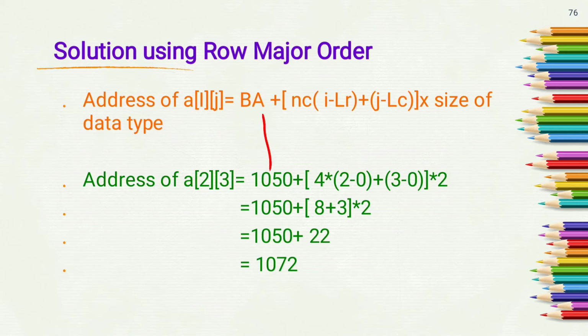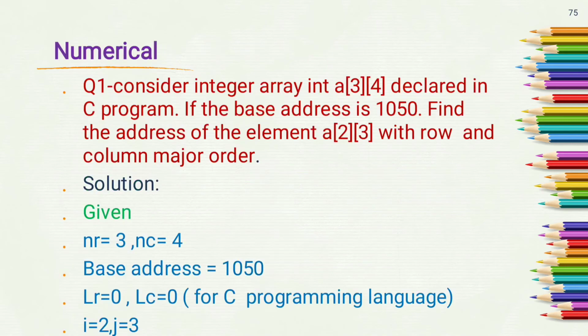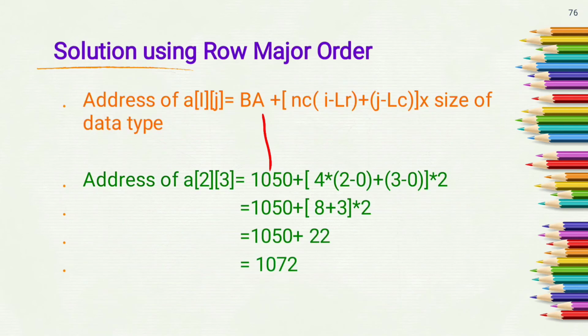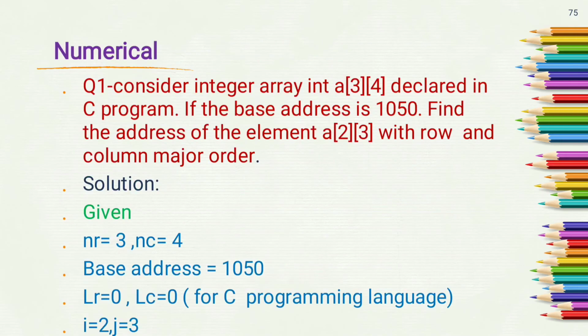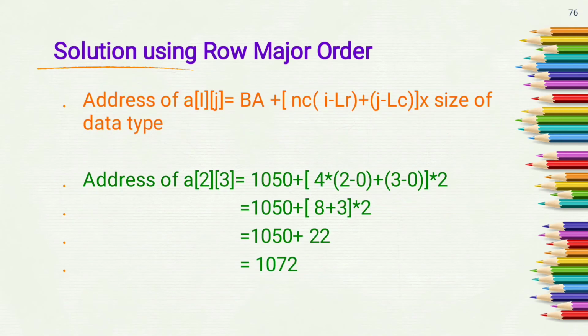Here base address is 1050, number of columns equals 4, I is 2, lower index of row is 0, J is 3, lower index of column is 0 and size of data type is 2, as in C the size of integer data type is 2 bytes. So after performing this calculation you will get the address of A23 as 1072 in row major order.